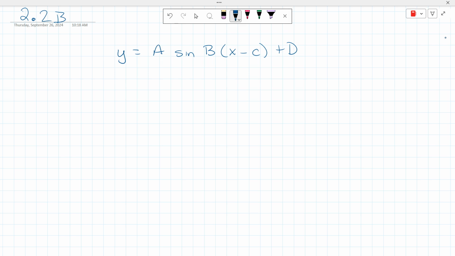Okay, so we're going to have y equals -2 sine of 2 times x minus pi over 2 plus 1. Let's graph the whole shooting match here.